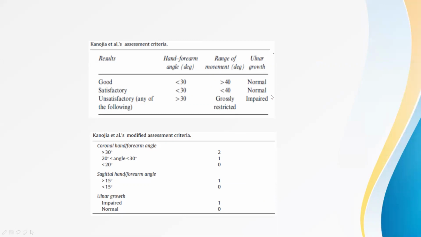If the involvement is bilateral, the comparison of normal ulna is measured in relation to humerus, which is expected to be usually the ratio between ulna and humerus of 1 to 1. In unilateral cases, it is easy to compare it to the other side. Later on, Kanauchi's criteria were modified. Instead of using the clinical examination of the elbow to assess for range of motion, it is documented by lateral radiographs of the elbow.